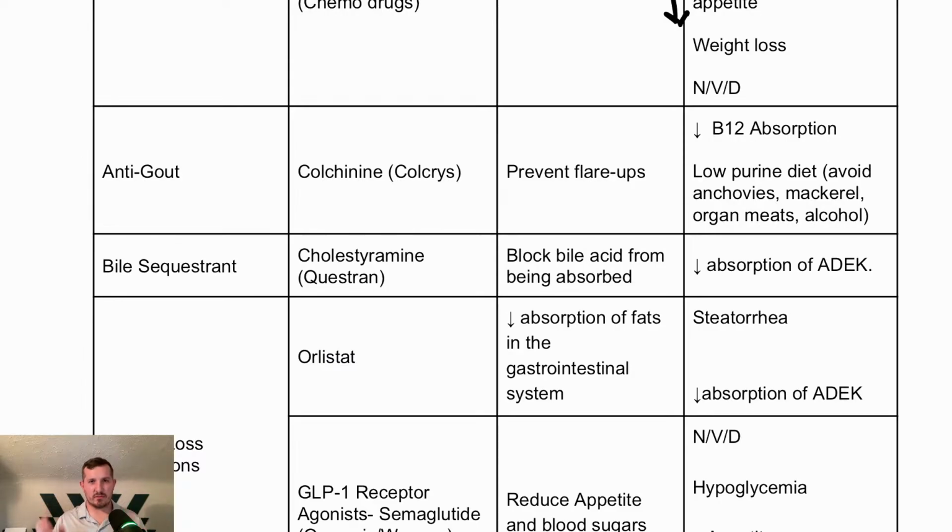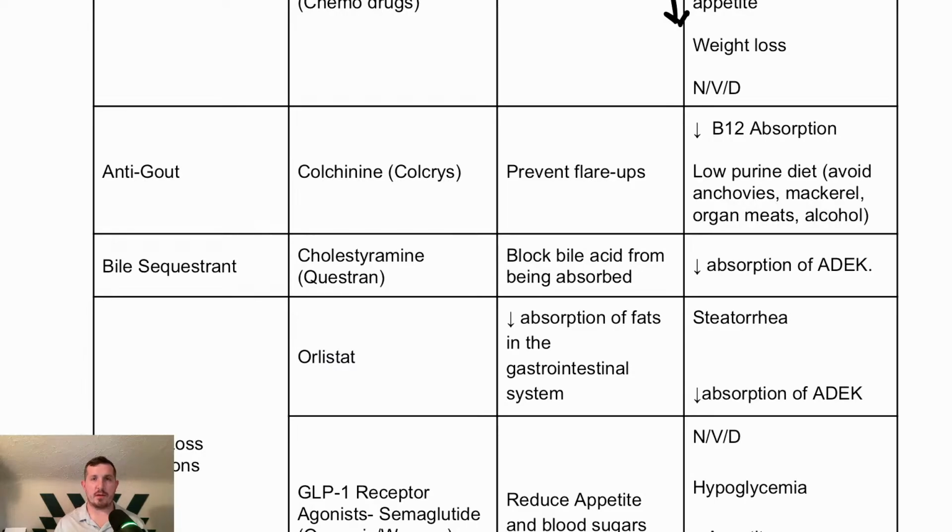Those purine crystals are very sharp, and I describe them as being very inflammatory. They cause big flare ups where they're located in joints. People are always rubbing their ankles and their wrists and elbows, things like that. So, these medications prevent those flare ups. What they do is they do cause a decrease in B12 absorption.